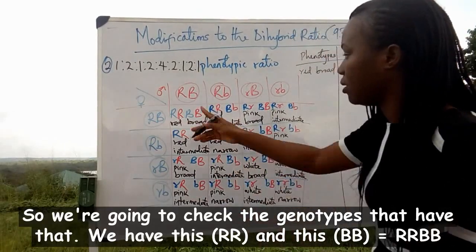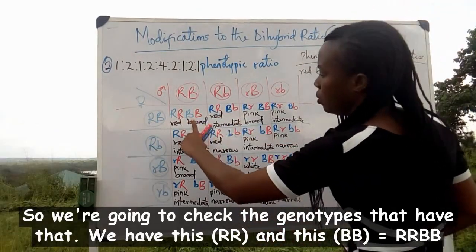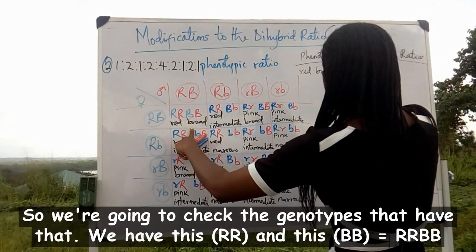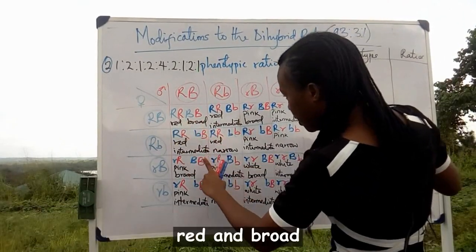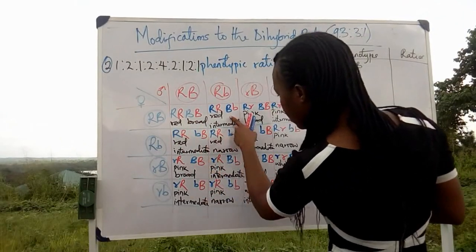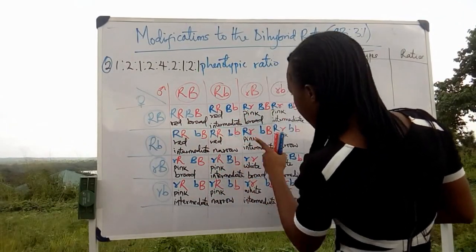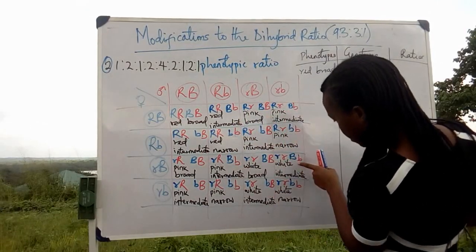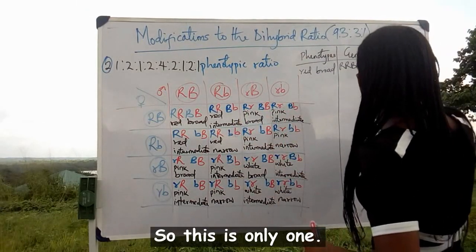So we're going to check the genotypes that have that. We have this and this, red and broad. Okay, so this is only one.